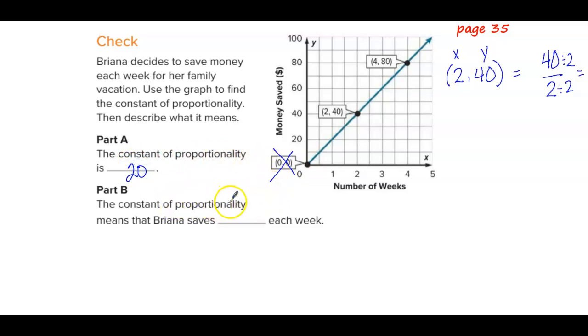And it says the constant of proportionality means that Brianna is saving $20 each week. You could have used this point also. You would have gotten the same result. You would have started with 80/4. But if you divide both of those by 4, you end up with 20/1. It wouldn't have mattered what point you picked.